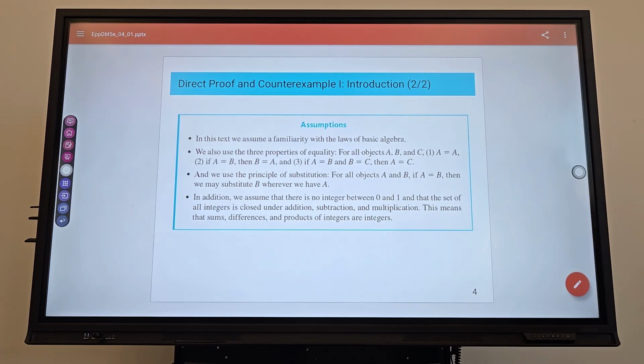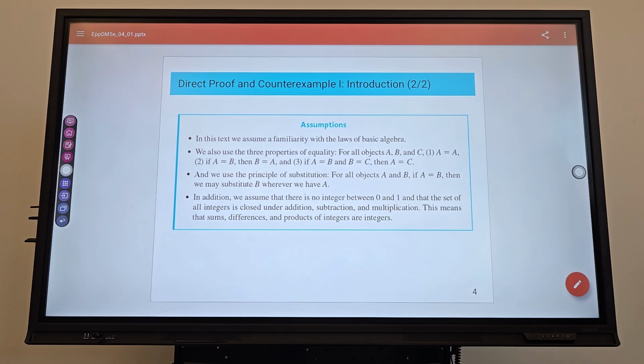So, assumptions that we make in this chapter when dealing with number theory: familiarity with the laws of basic algebra. Equality, 3 properties of equality.